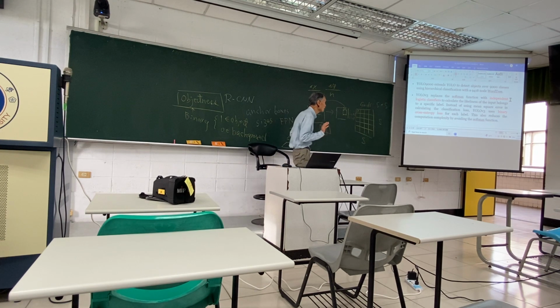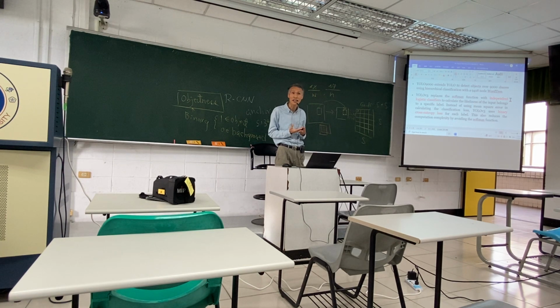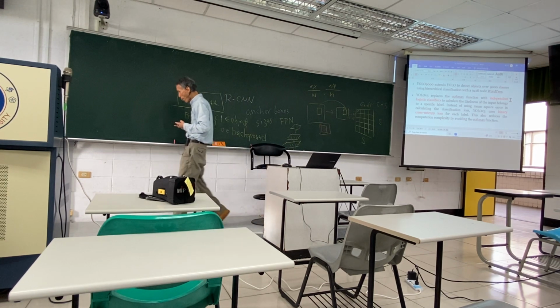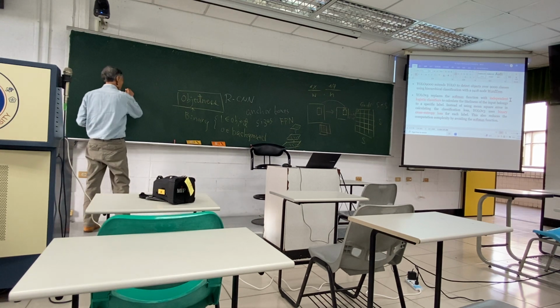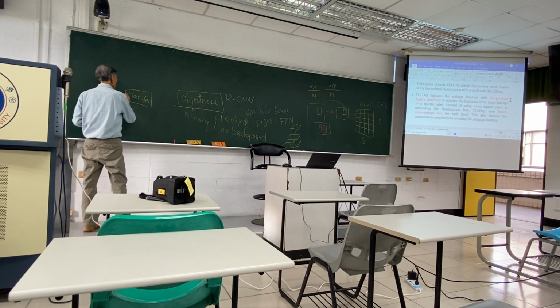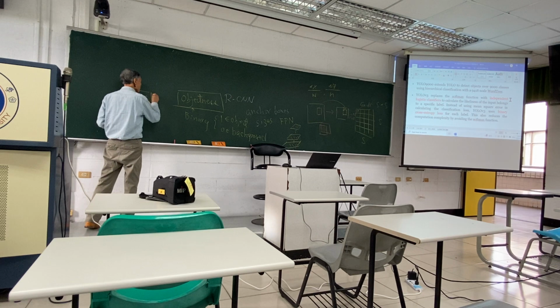Now here's something I want to say, because you will see YOLO version 3, and YOLO 2 and so on. Here's a major change about the classification, because YOLO has to predict, right? Once the objectness is 1, then you need to further identify what the class is.